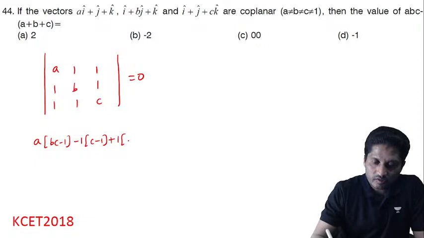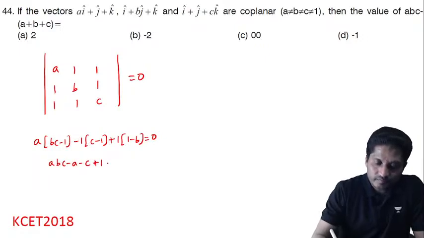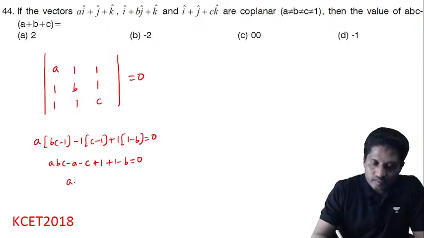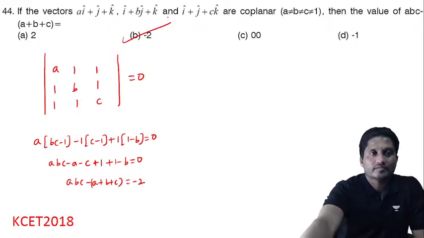First row, last column, you get 1 minus b equal to 0. abc minus a minus c plus 1 plus 1 minus b is equal to 0. That is, you get abc minus of a plus b plus c is equal to minus 2. Answer is option B. Right, let's move to the next question.